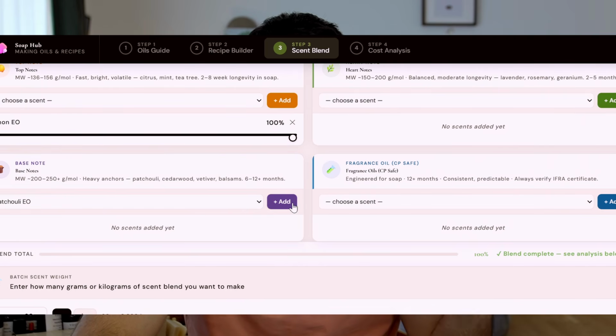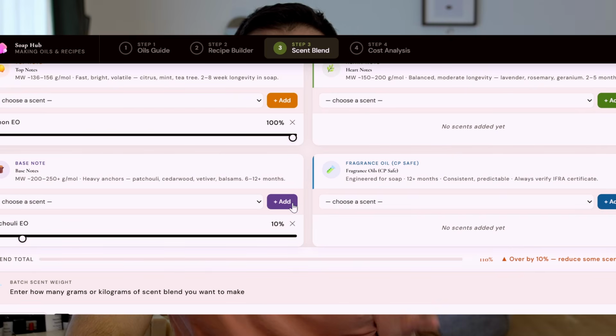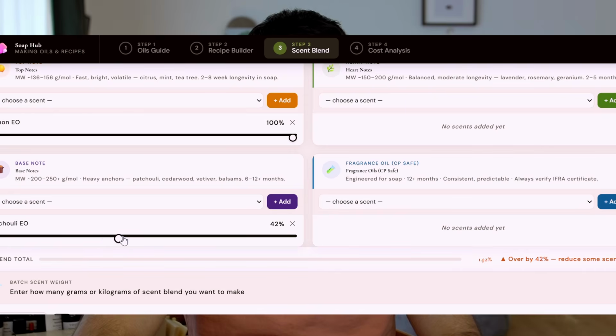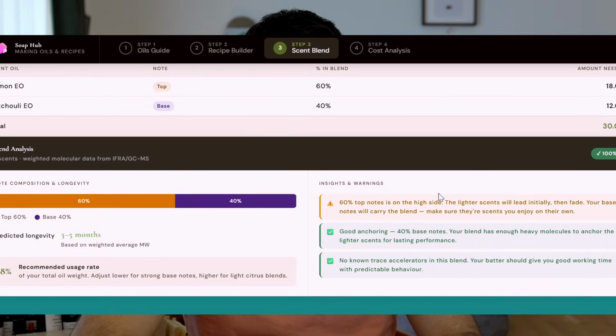A base note is something that has a high molecular weight and it's very long lasting, and at the same time it makes other scents more long lasting. If I add, for example, 40% patchouli essential oil and 60% lemon essential oil, now it will tell me good anchoring. You have 40% base notes, your blend has enough heavy molecules to anchor the lighter scents for lasting performance.